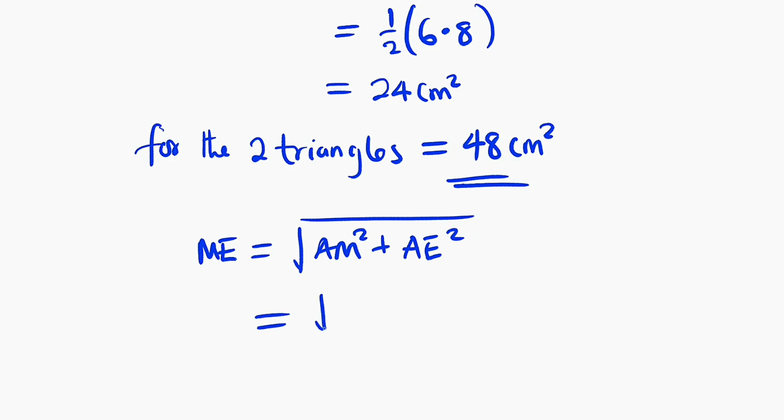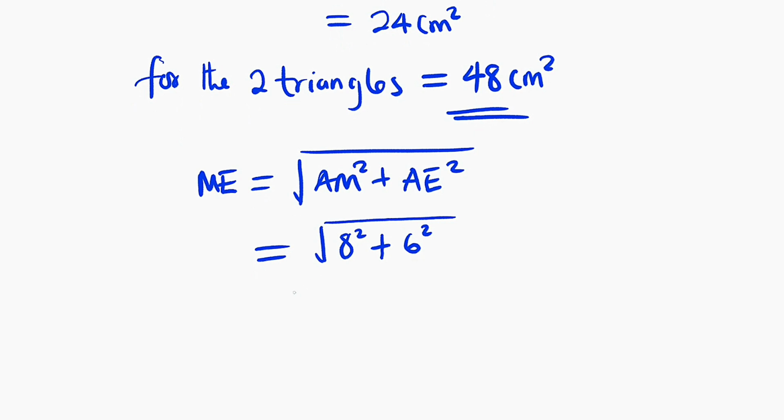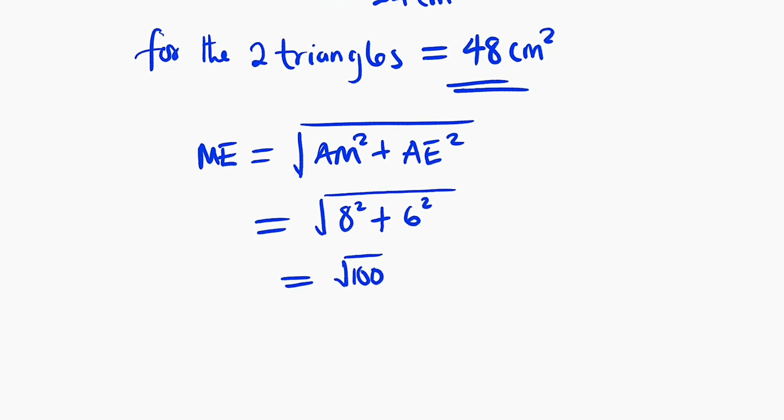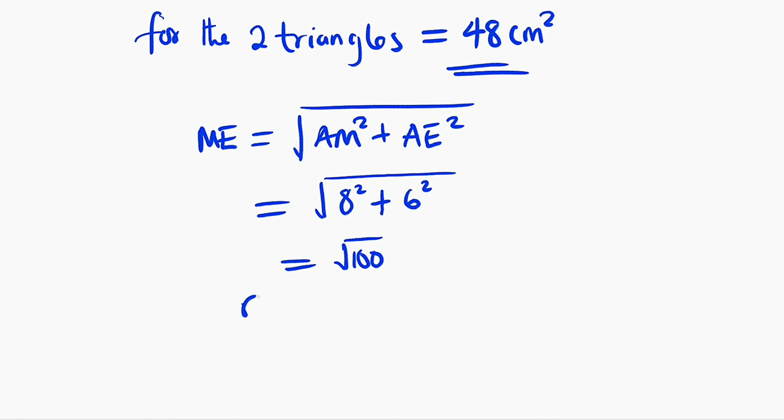So we have the square root of 8 squared plus 6 squared. 8 squared is 64, 6 squared is 36. If you add them together, you obtain 100. So this is equal to the square root of 100. And finally, our radius, which is ME, is 10 centimeters.